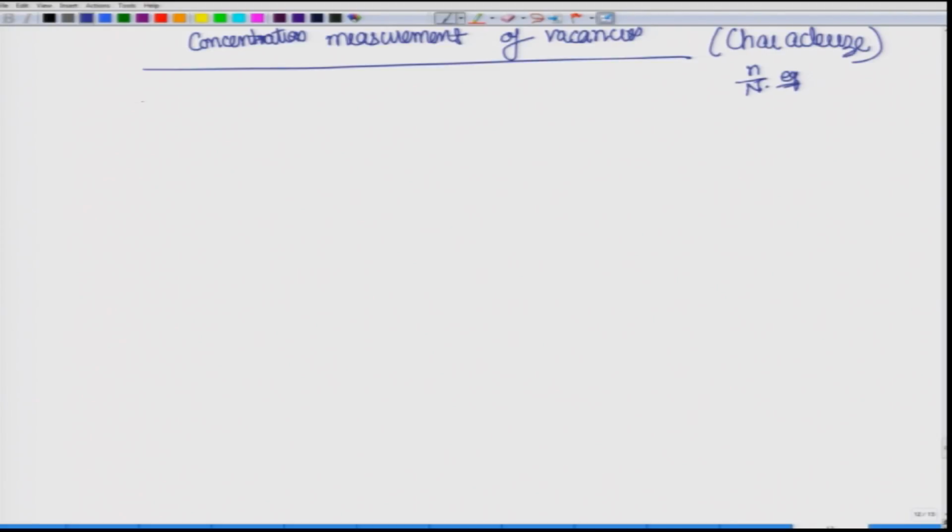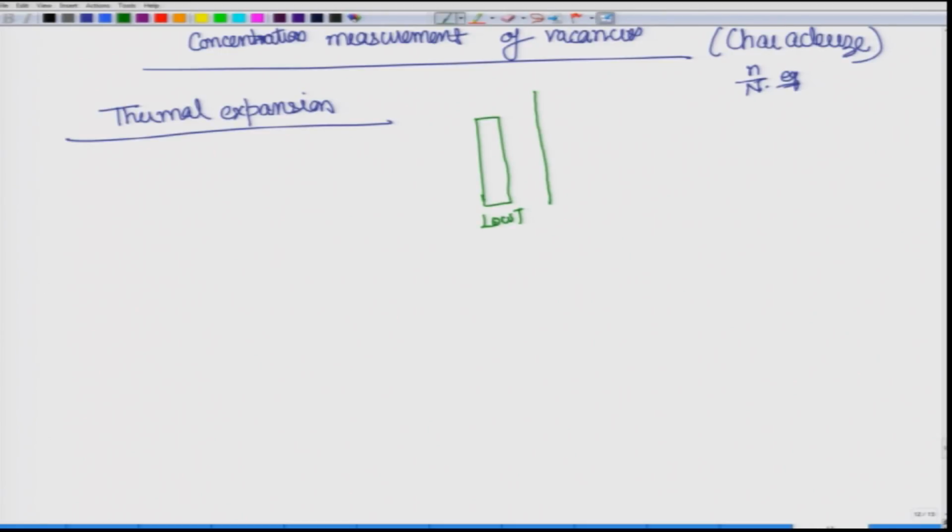First method that we will discuss here is thermal expansion. Here let us say we take a rod and we heat it. So, let us say it is at low temperature and this is at higher temperature.